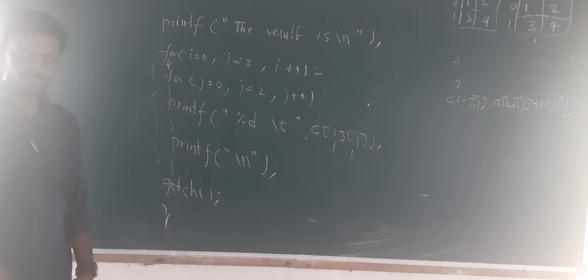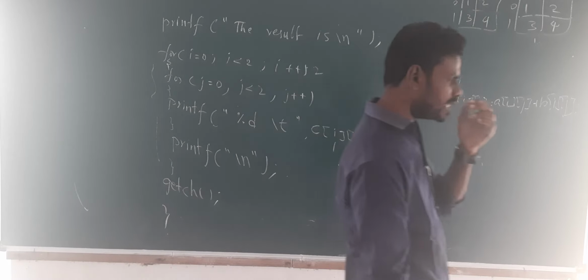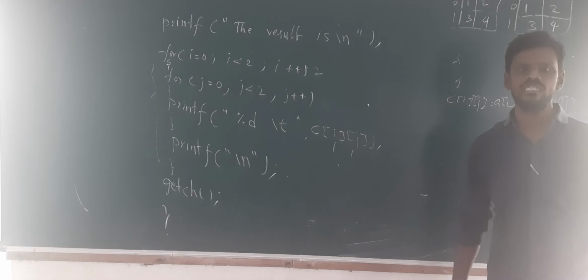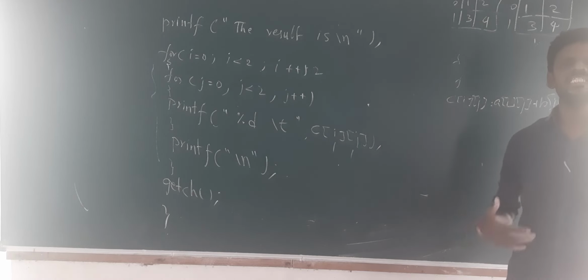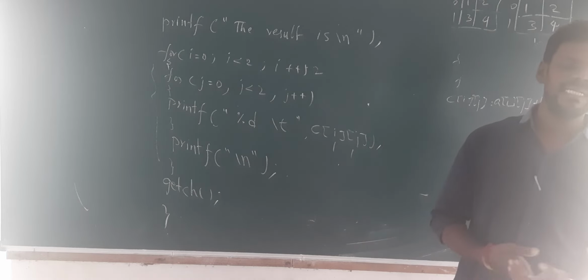Apart from this, I have already given the important questions. In the first unit, go through the structure of C language, generation of computer programming languages, generation of computers, memory hierarchy, operating system and types of operating system.